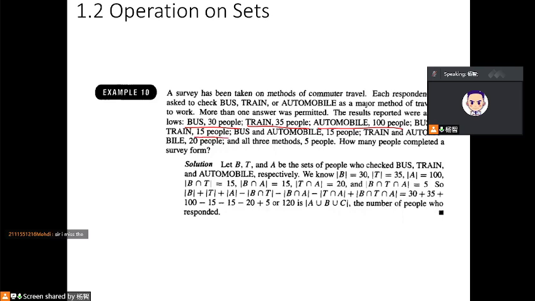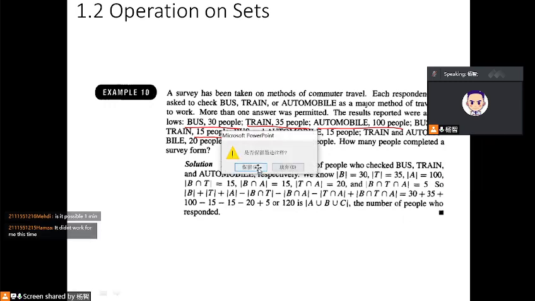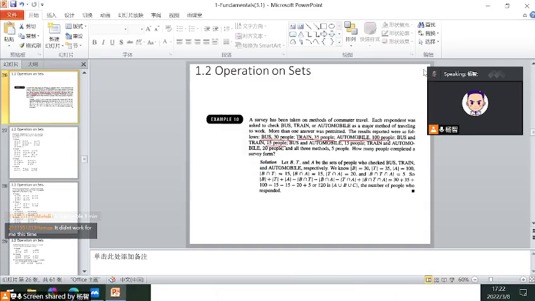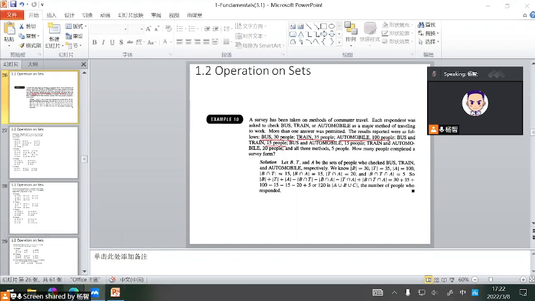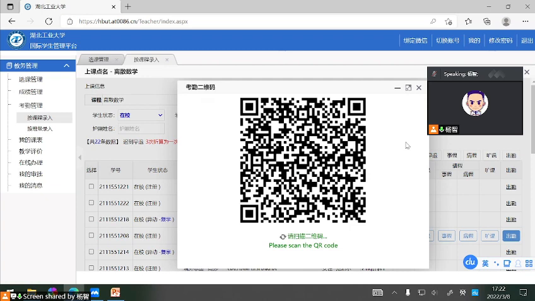And in these people, we have a survey with a QR code. Okay, we have a pause. Scan the QR code quickly.